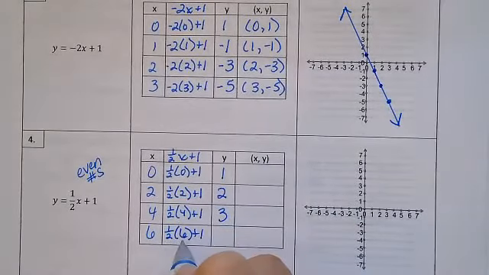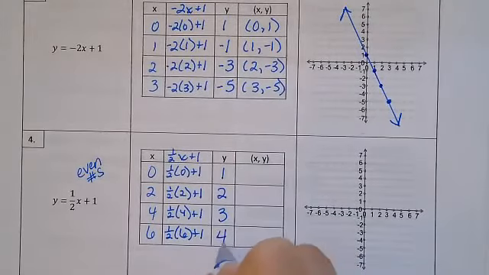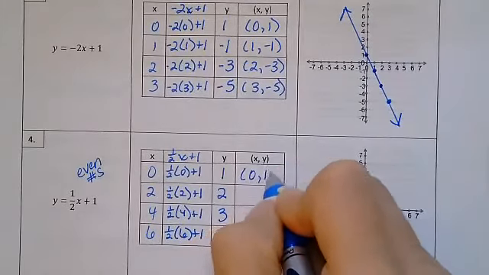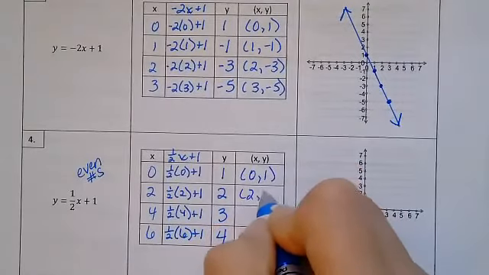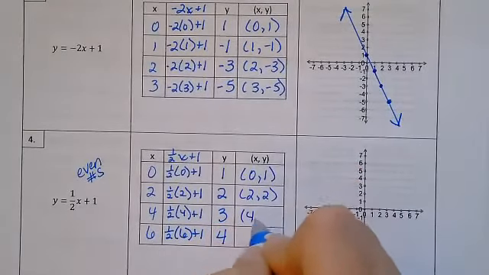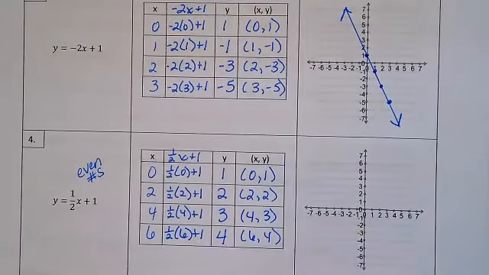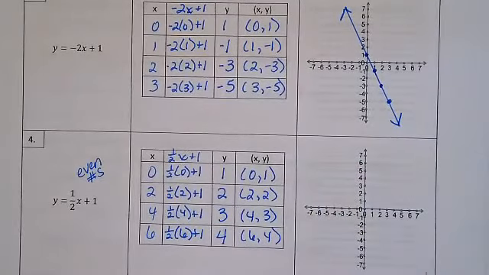Half of 6 is 3, and 3 plus 1 is 4. Ordered pairs. And graph.